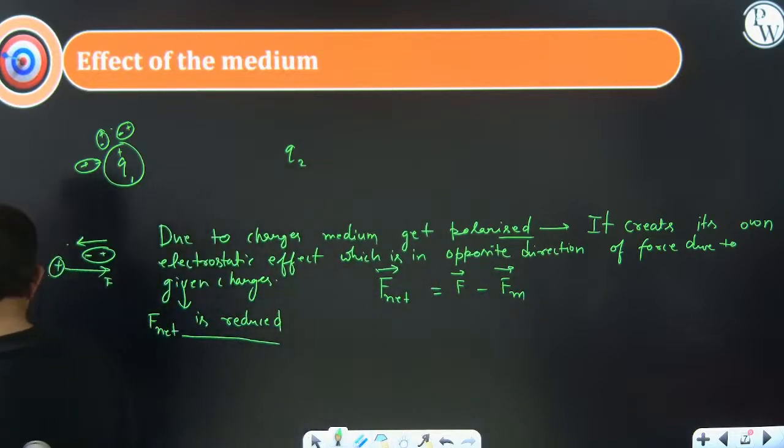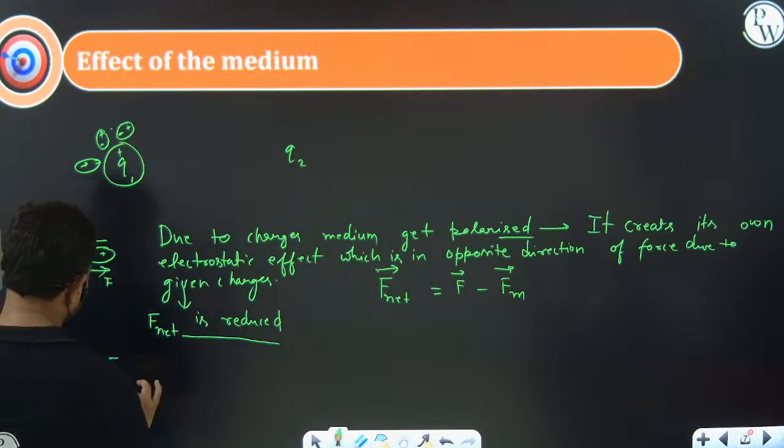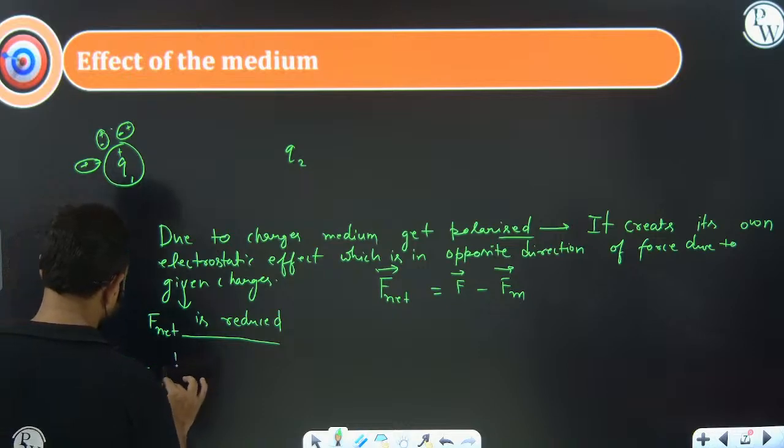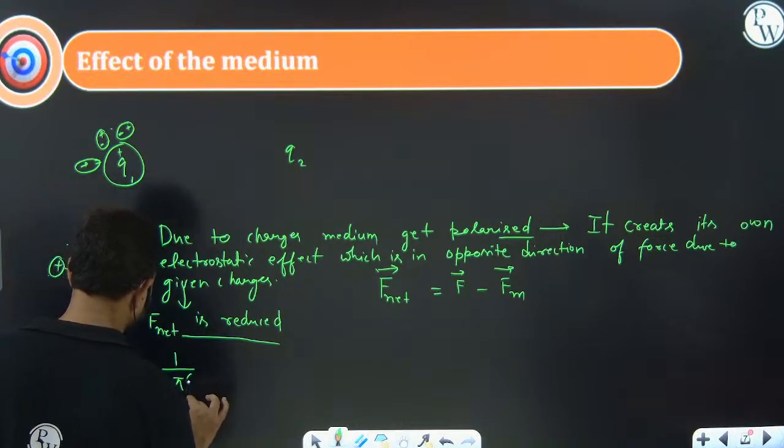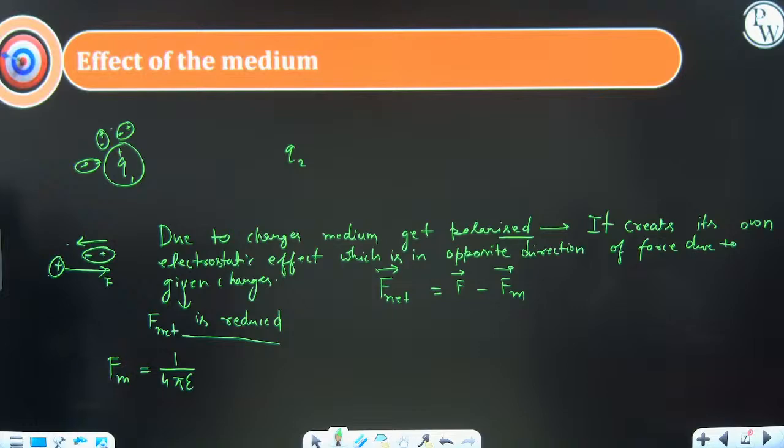Clear? So this F medium is actually written as 1 upon 4 pi epsilon, not epsilon naught, because here the medium is introduced. Naught is for vacuum. Here there is a medium.